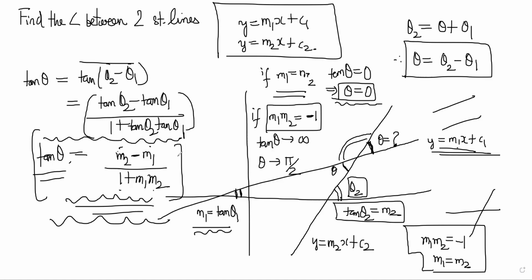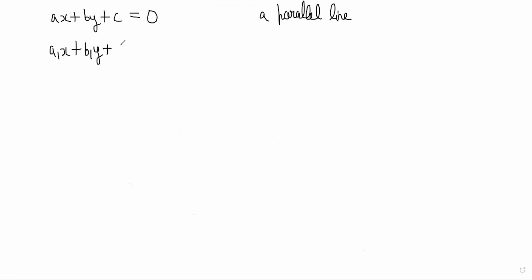Okay. Now what we can say is, if there is a line like this, ax plus by plus c is equal to 0, and I want to make a parallel line to it. So we can say that the parallel line is a1x plus b1y plus c1 is equal to 0, but minus a1 by b1 should be equal to minus a by b.